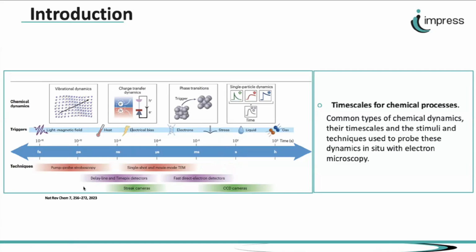One thing which is important to explain here is that there are different ways. If you would like to study short phenomena with a short lifetime, you should have either a super fast camera or detector. Of course, you can apply a short pulse, any kind of pulse, to the sample, and you should have a short source.